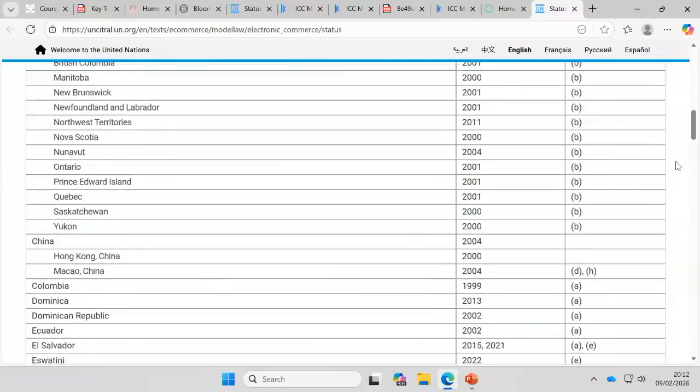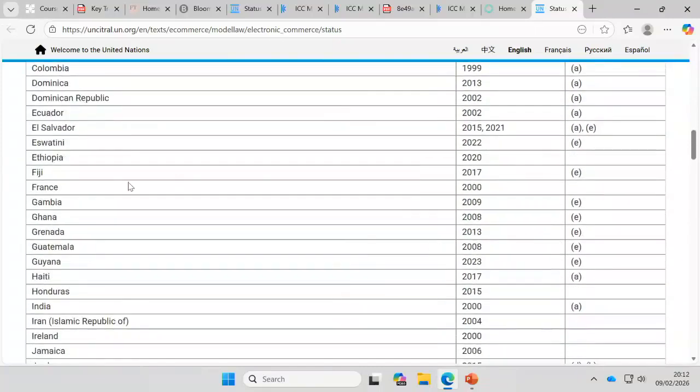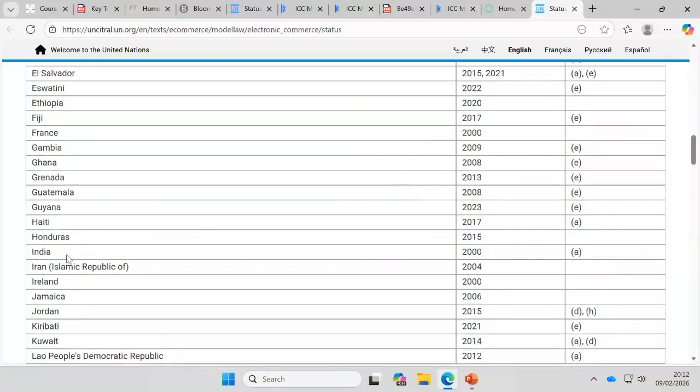So we've got China, 2004, also Hong Kong and Macau. We get France, but this time not Germany. We do get India in this case. Interestingly, Iran. We will see Iran as a party to a number of agreements.